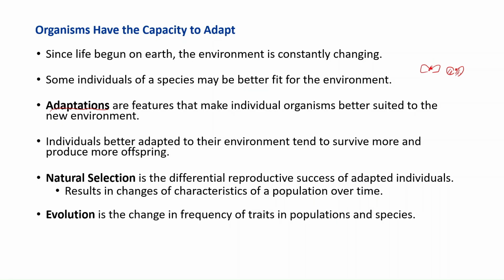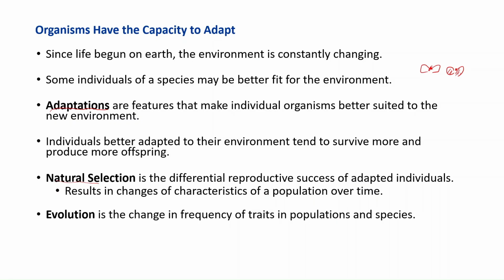Okay? This is important because the individuals that are better adapted are going to live longer and are more likely to reproduce, so of course there are going to be more of them. Natural selection is defined as the differential reproductive success, which one reproduces the most. Okay? Basically, the survival of the fittest. That's another way to put it.